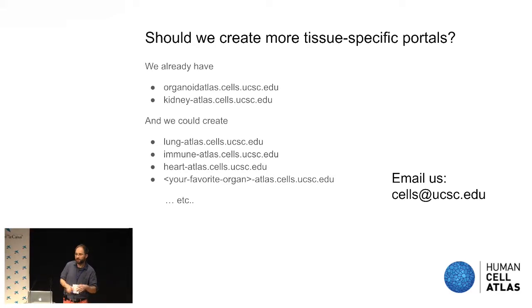So they're all together, even if they're not yet in the HCA portal, or they're from separate groups. They would be all together, and you can flip between them and color by things and get overview summary statistics.